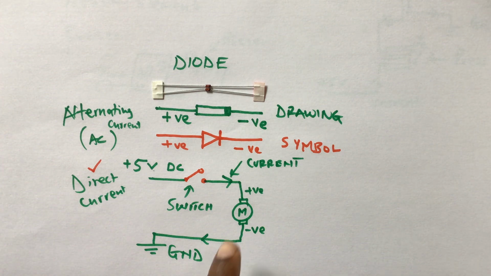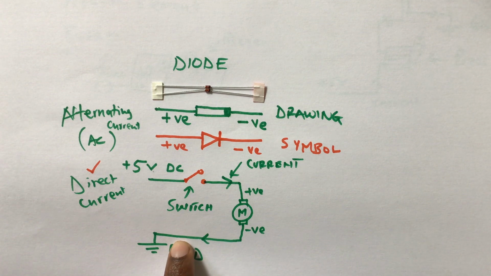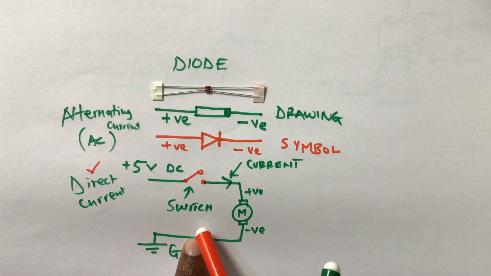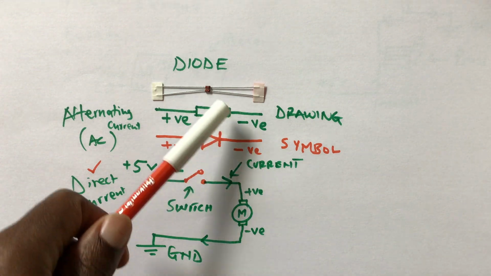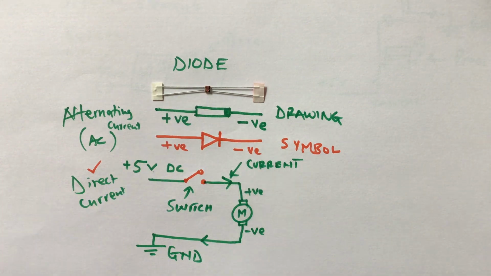It's not supposed to go back to the circuit, because when it goes back to the circuit, it might find things in the circuit and blow them apart or bring some abnormalities on your circuit. So you have to introduce what we've been talking about, the diode. So how will you introduce the diode?